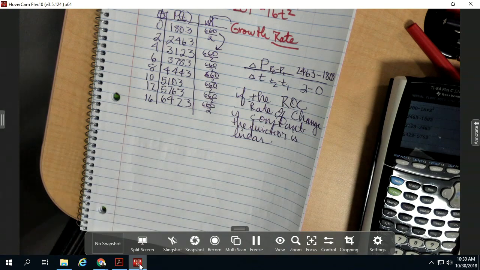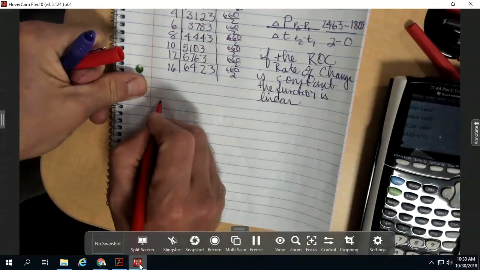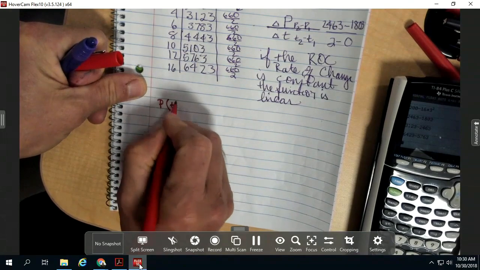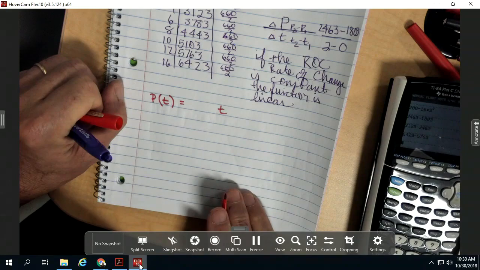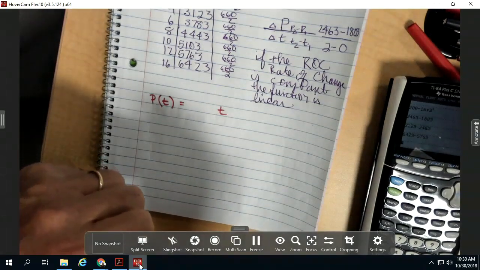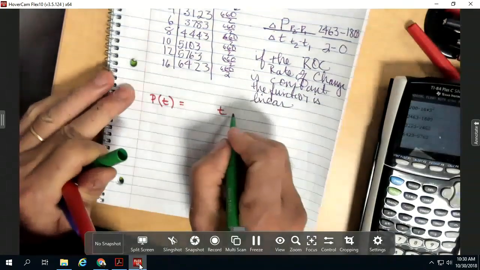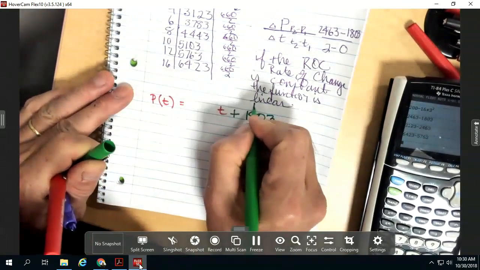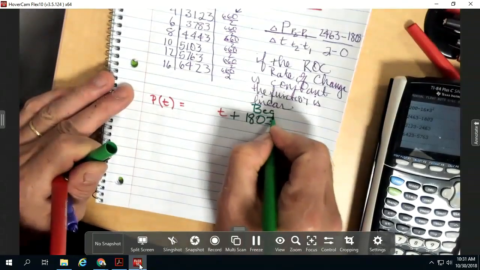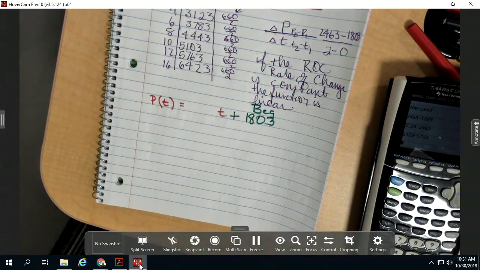Number 5 says, find a formula for P of T. This number at the end is the beginning value. How many eagle pairs were there at the beginning? 1,803.